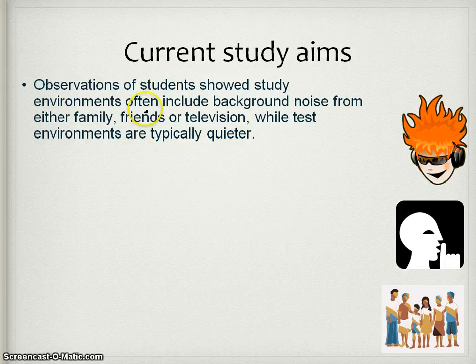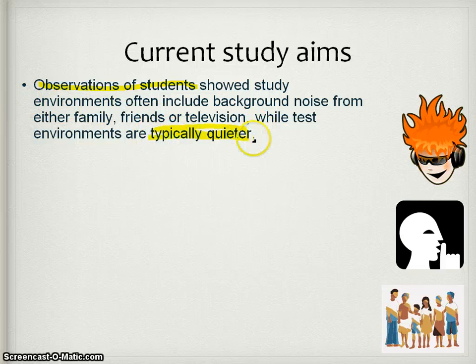So the aims, they argued that in observations of students, they weren't actual observations. They were saying that from their observations of seeing their students over the years, they argued that often they study with background noise from either family, friends or television, while test environments are much quieter, usually tested in silence, especially in exams. So, they're saying from their anecdotal observations, is that going to impact us?